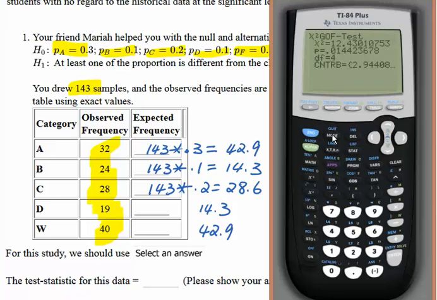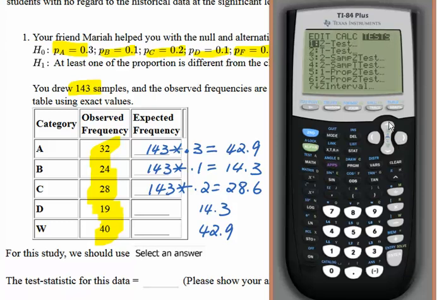Okay, so let me get out of here and then go to Stat, highlight Test, and I will scroll up to find the bottom of the list. So here is my goodness of fit, and by default that is L1, that is L2, and in this case once again we have 5 categories, so the degrees of freedom is 5 minus 1, which is 4.